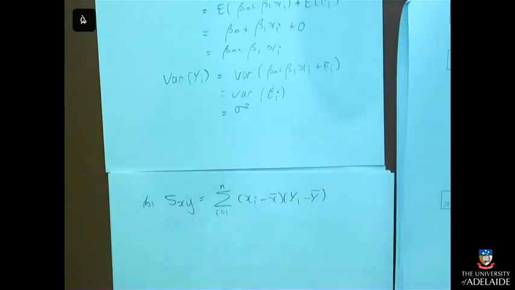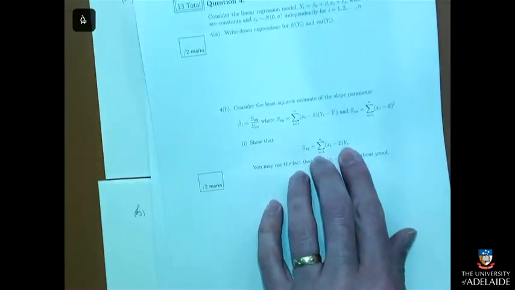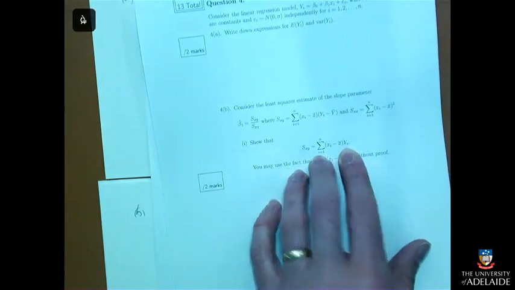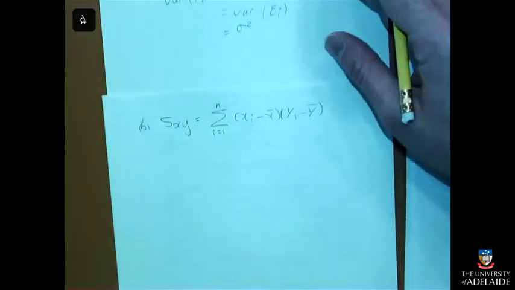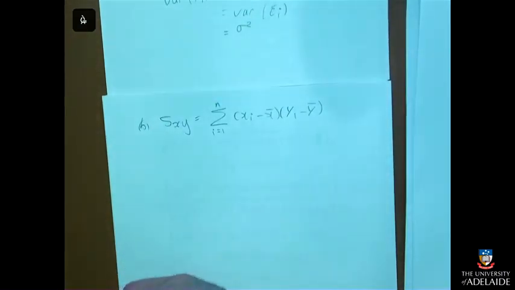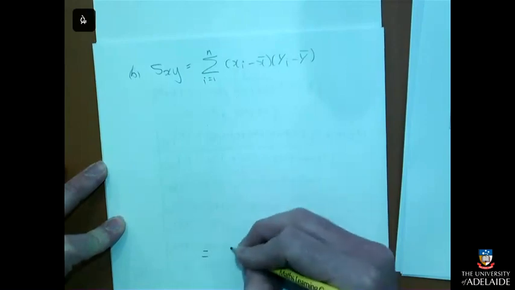And somewhere along the road, I am supposed to achieve this: the sum of xi minus x bar yi. I need to hold that in my mind. That's where I'm going. Okay, so let me just pop this down the bottom of the page and hope that I have enough space to get there.